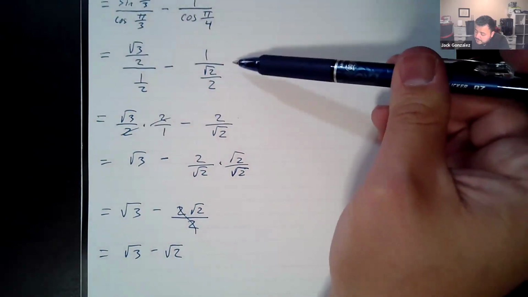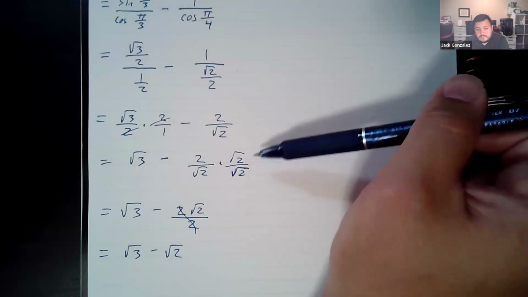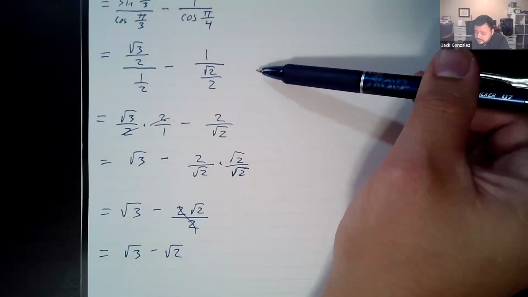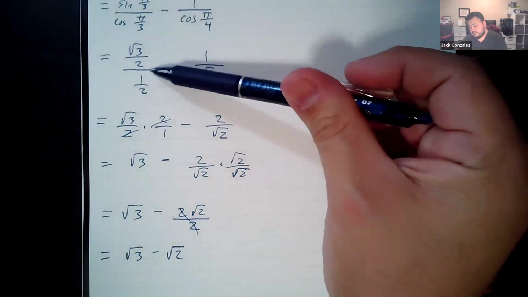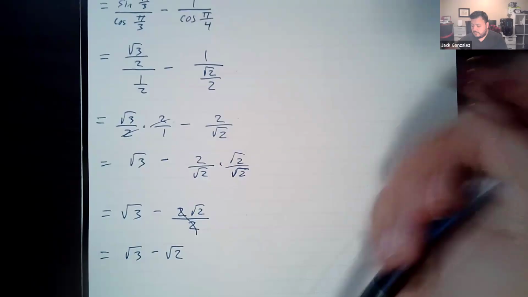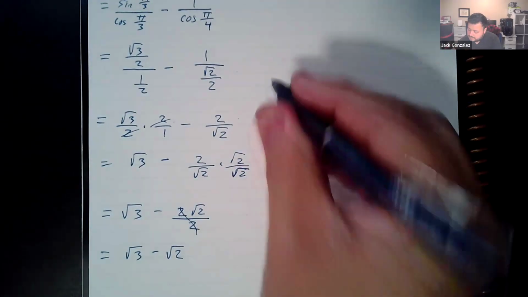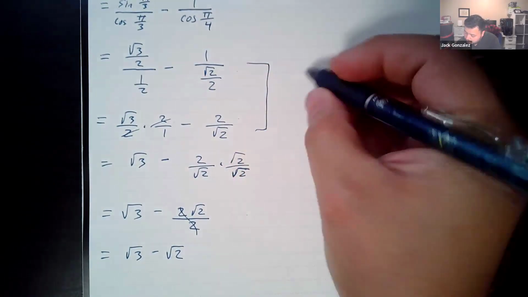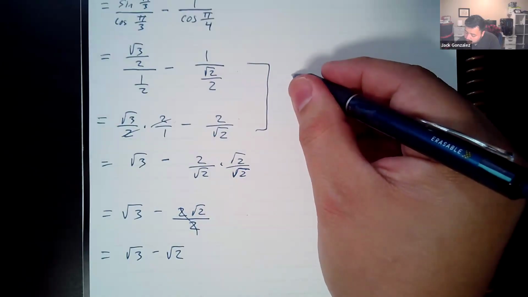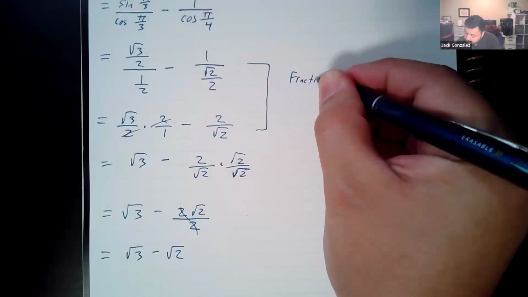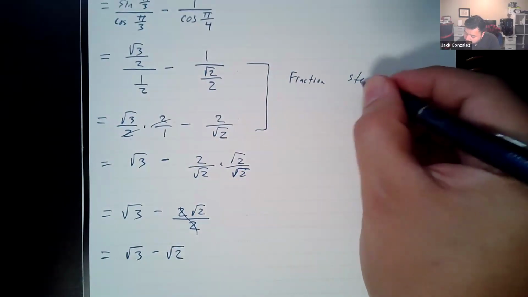Technically, any of these are the answer, right? It's just that we had to do a little algebra. We did some fractions here. From here to here, we'll write some notes for you in case you're rusty. Fraction step.